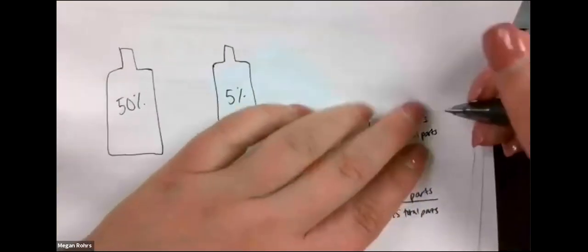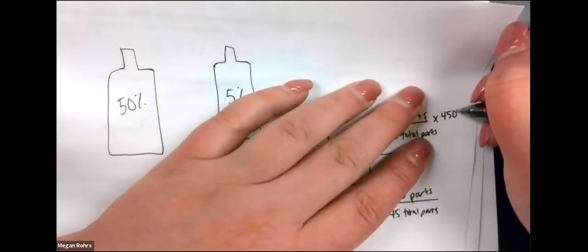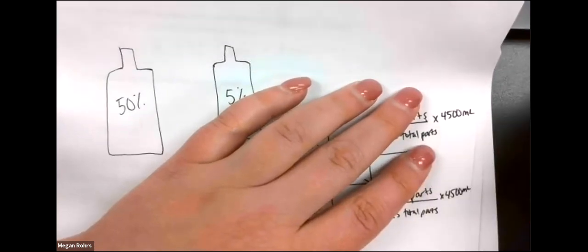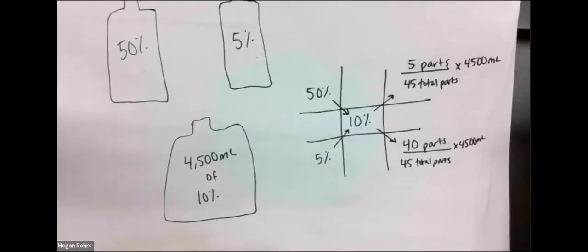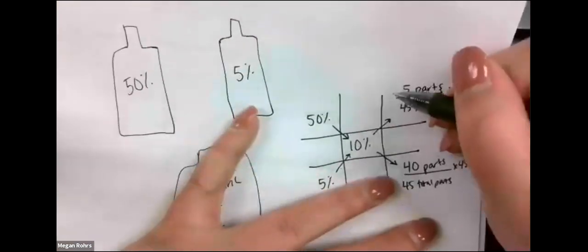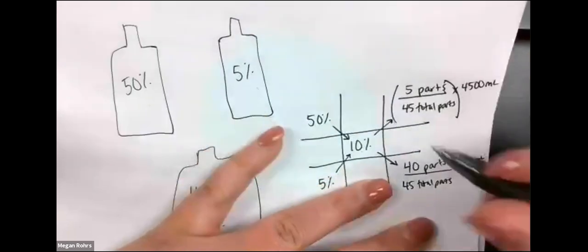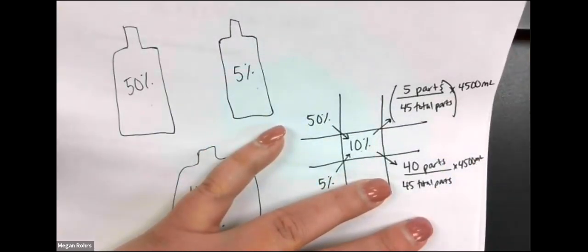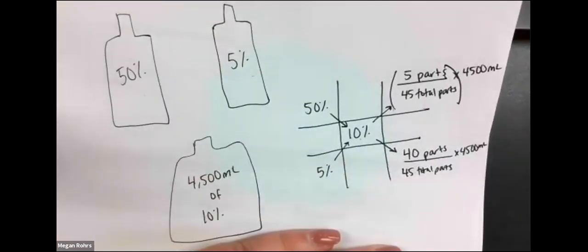So take each of these times 4,500 mils. And then we are going to solve, okay? So do your division part first. Leave that in your calculator, and then take that times 4,500. So if we take 5 divided by 45, leave that in your calculator, and then take that times 4,500.